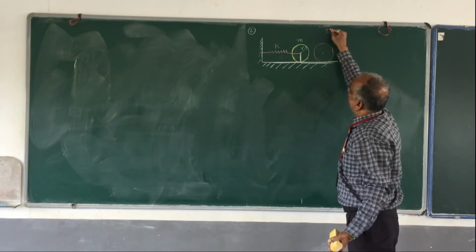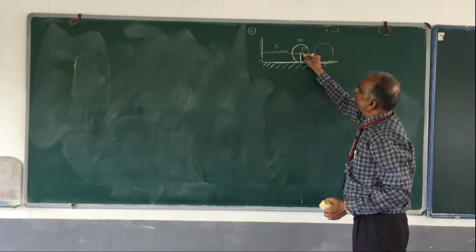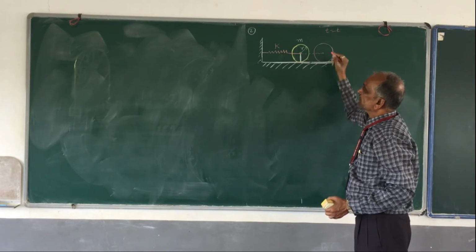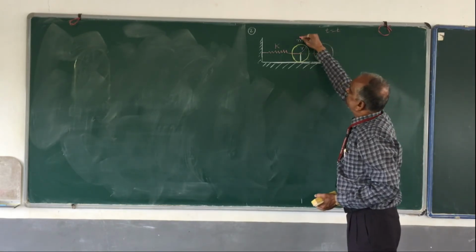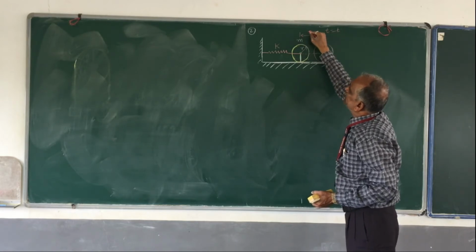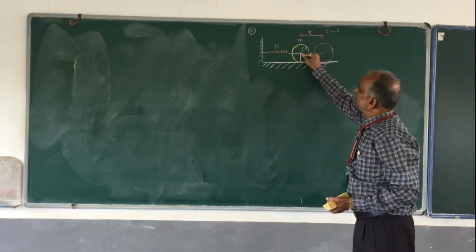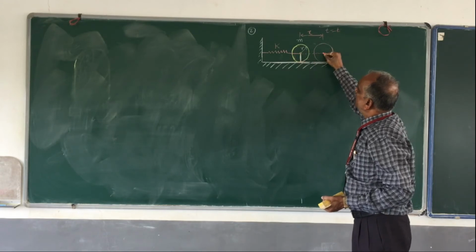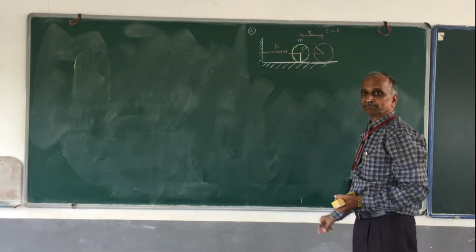This is at t equal to t. Say the spring has come up here, and say this distance is what is called x, and this line probably might have gone here.